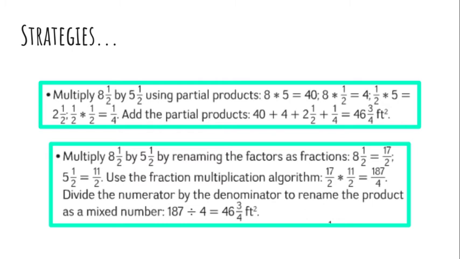Use the fraction multiplication algorithm, multiplying your numerators together to get 187, then multiplying your denominators together to get 4. Then you divide the numerator by the denominator to rename the product as a mixed number. 187 divided by 4 equals 46 3/4 feet squared.